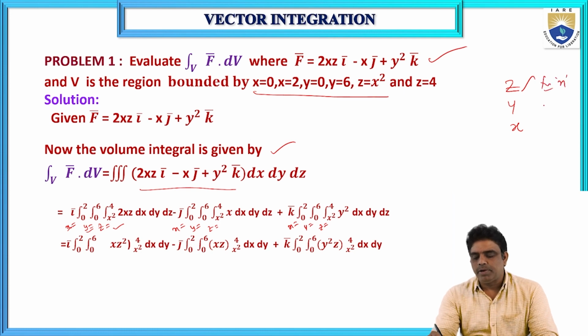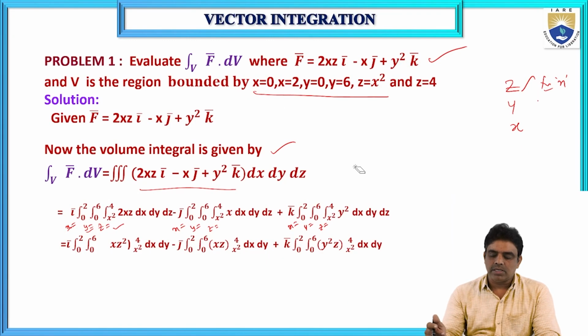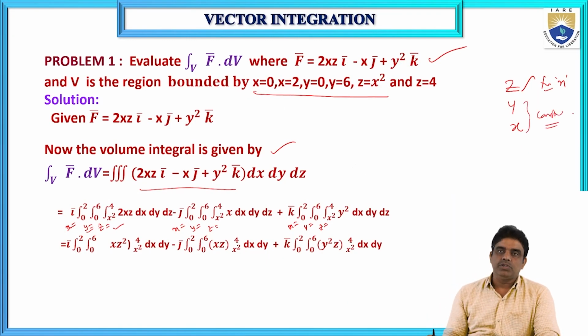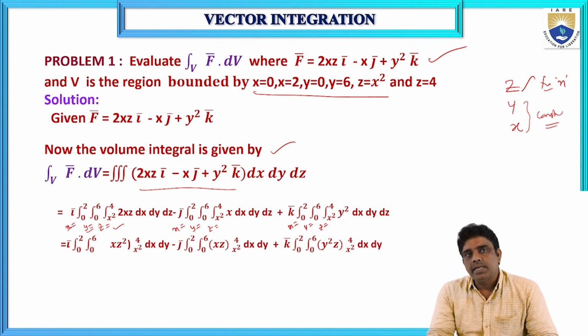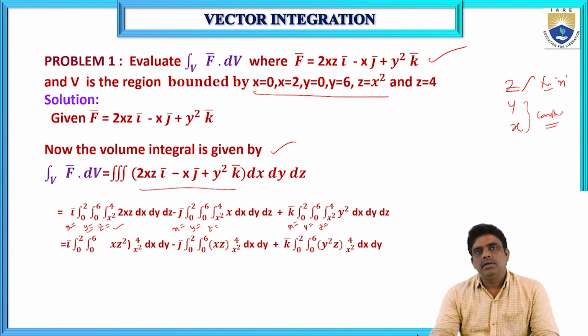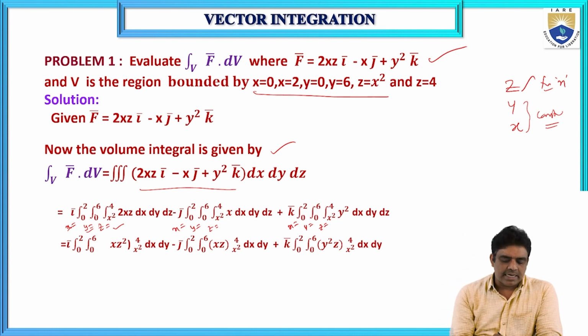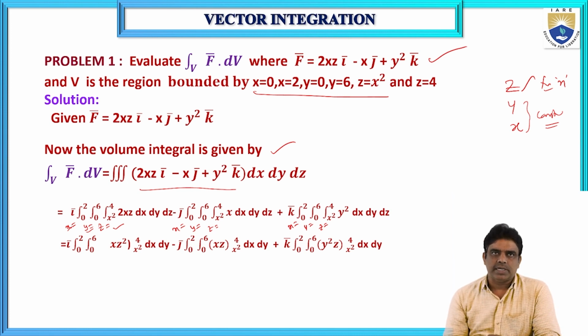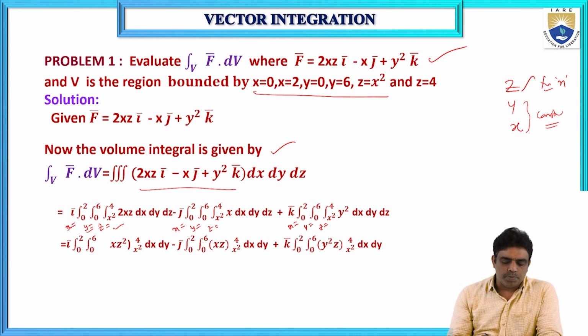Y and x are constant limits, so you can integrate first with respect to x or first with respect to y; that is your option. Since the y limit is given first, we integrate with respect to y, then x. You can do vice versa also, no problem. But first the integration must be carried out with respect to z.